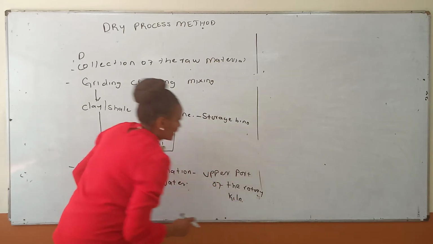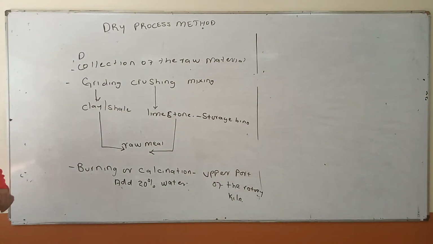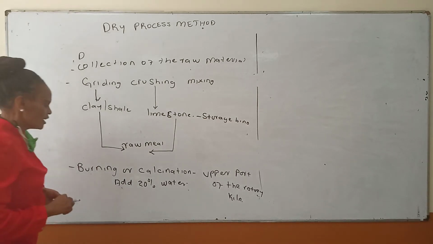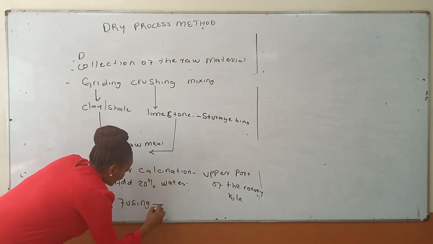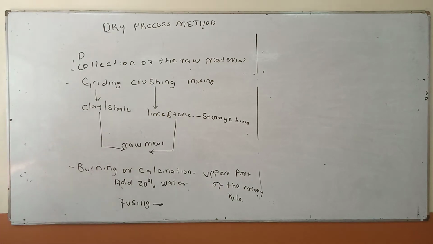The temperatures are a bit lower on the upper part of the rotary kiln, and therefore when you introduce them there, they keep on rotating, and as they rotate, the raw meal undergoes a process we call fusing. As it progresses to the lower part of the kiln, it experiences very high temperatures.